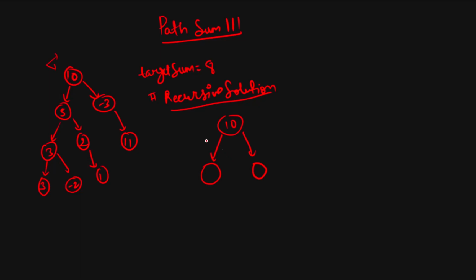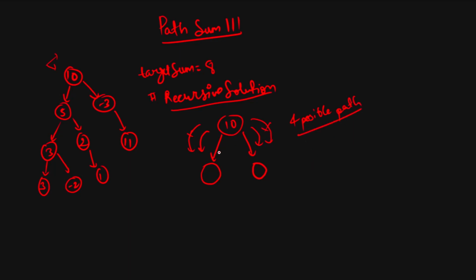What can the possibilities be? I include my sum or I do not include my sum. Here also I include my sum or do not include it. From here you understand that from one parent there are four possible paths.